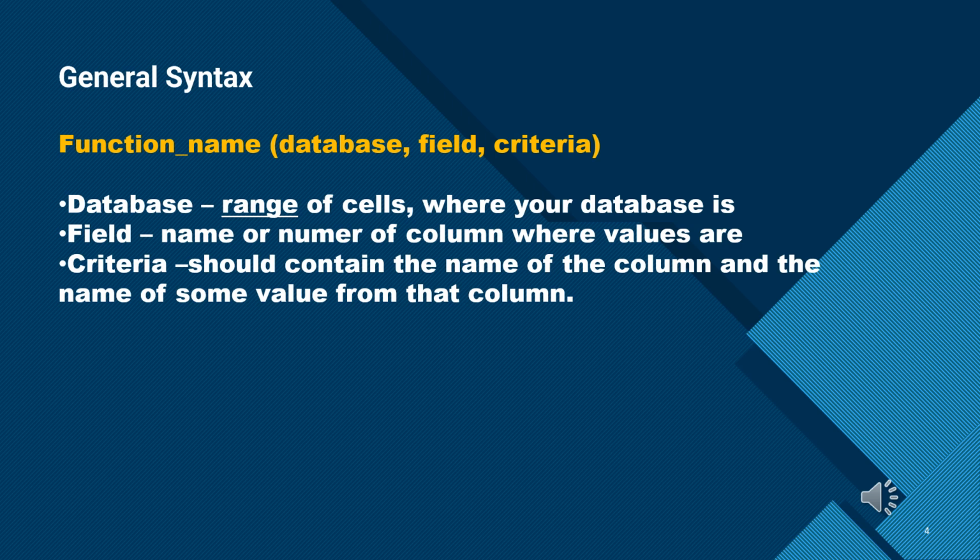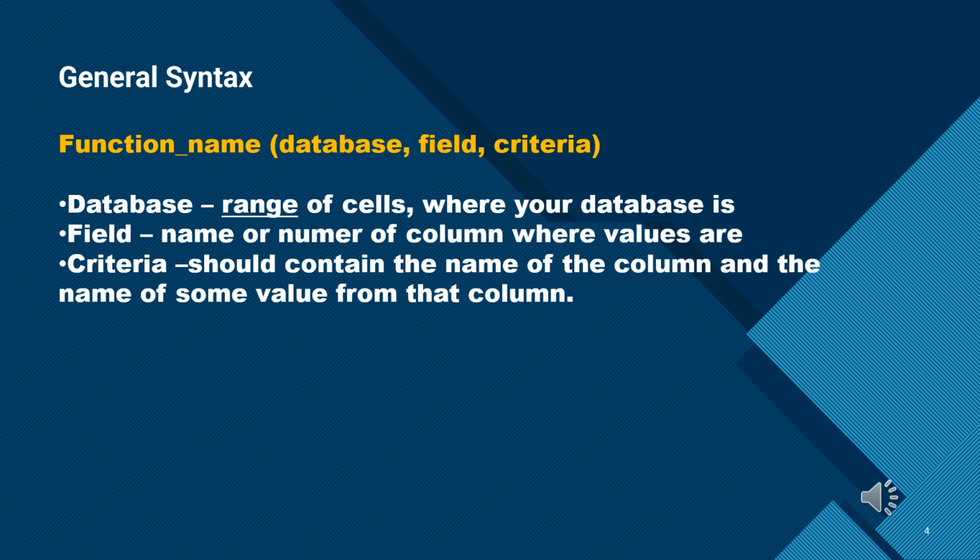That means you can select the header cell of the column, or you can give the name of the particular header within double quotes, or the index of the particular column. In three ways you can fill this second parameter, that is field. Then the third parameter is called the criteria.